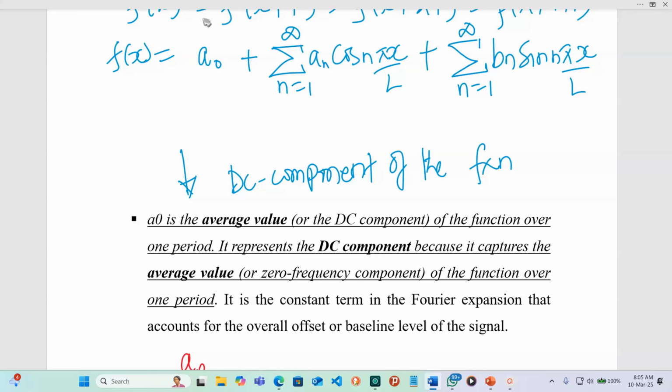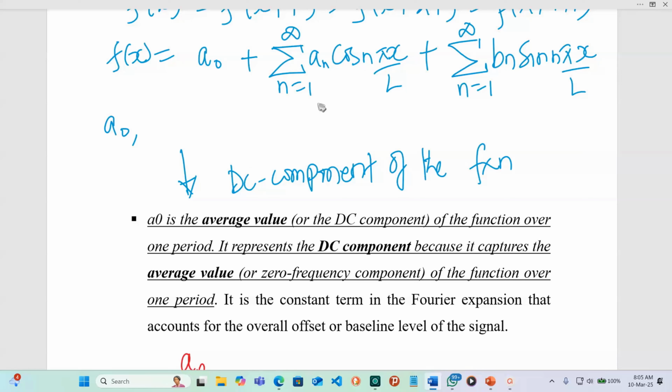So, for example, if you talk about one period, the value of this function is going to be a naught. Then, depending on the nature of this function, you will be having something like a1 cosine something, then b1.